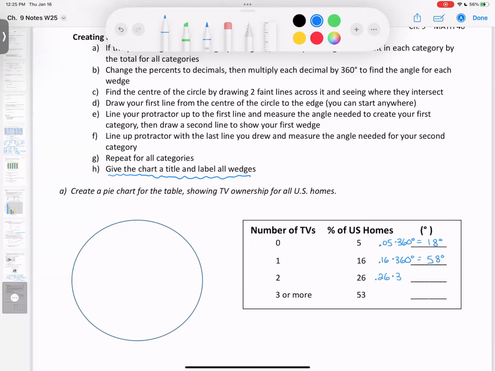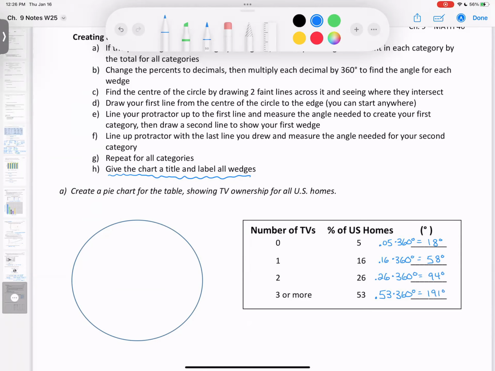So go ahead and figure out the degrees of the next two categories as well. And I get 94 degrees and 191 degrees.